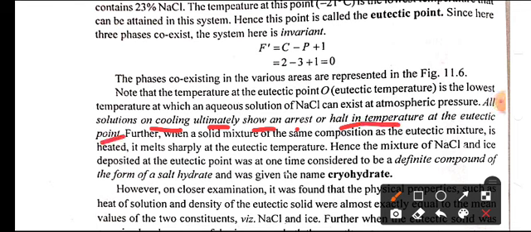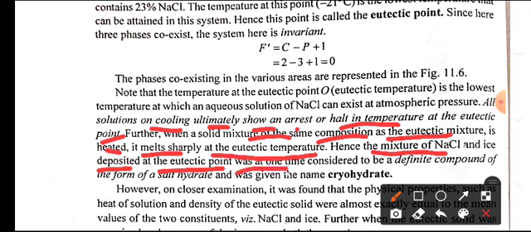Further, when a solid mixture of the same composition as the eutectic mixture is heated, it melts sharply at the eutectic temperature. Hence, the mixture of sodium chloride and ice deposited at the eutectic point was at one time considered to be a definite compound, a salt hydrate, and was given the name cryohydrate. It is a very, very important point.